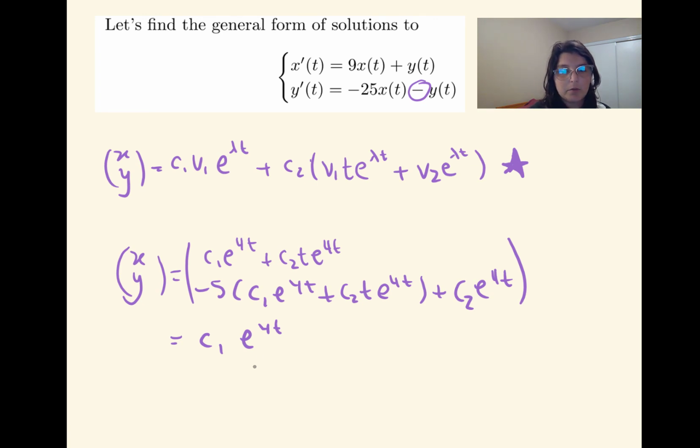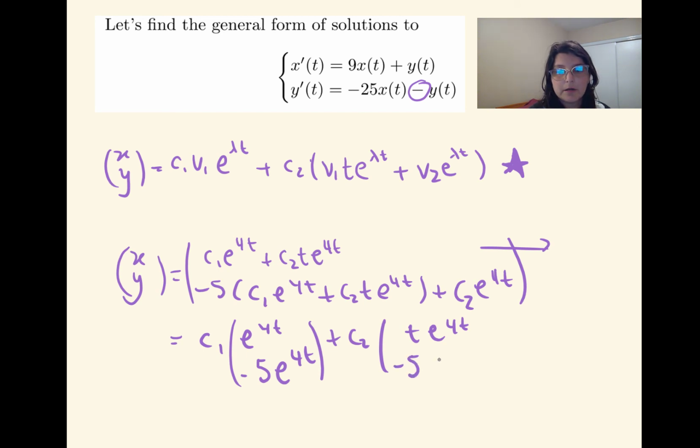From the second component we have minus 5 e to the 4t. And for terms with c2, we have t e to the 4t from the first component. And from the second component we have minus 5 t e to the 4t plus e to the 4t.